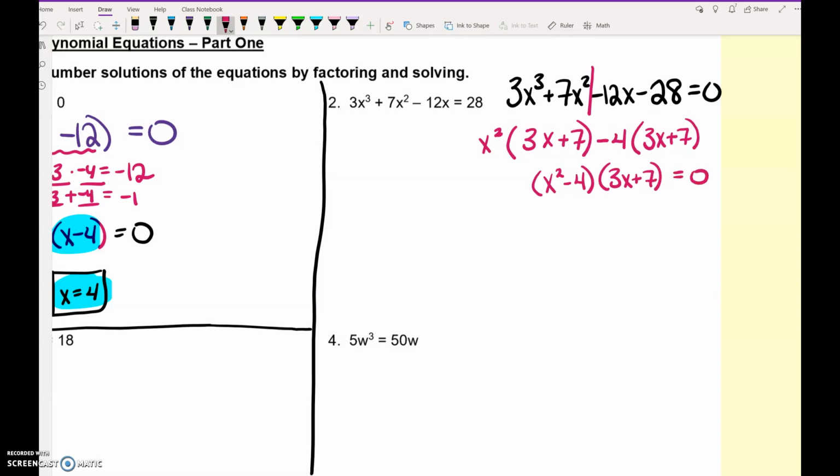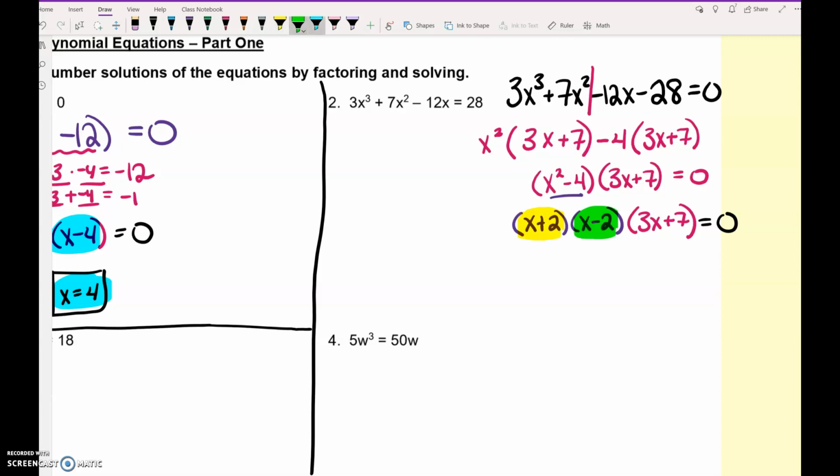Are we done? No. That x squared minus 4 we can factor into x plus 2, x minus 2. We still have the 3x plus 7, and the whole thing is still equal to 0. I really like colors because I think it just makes it easier to think about.